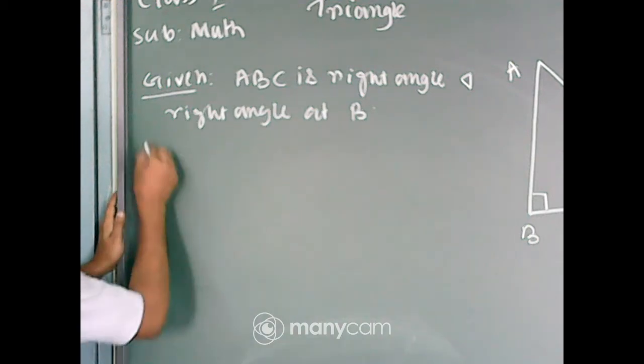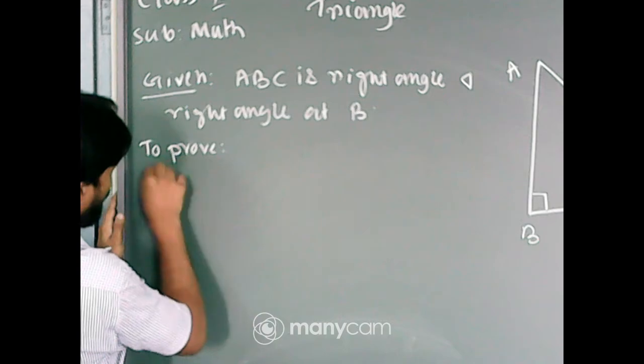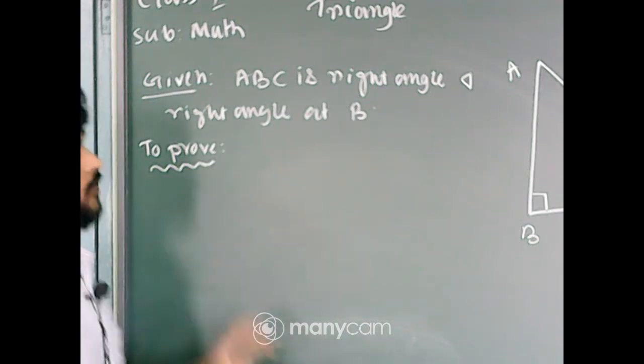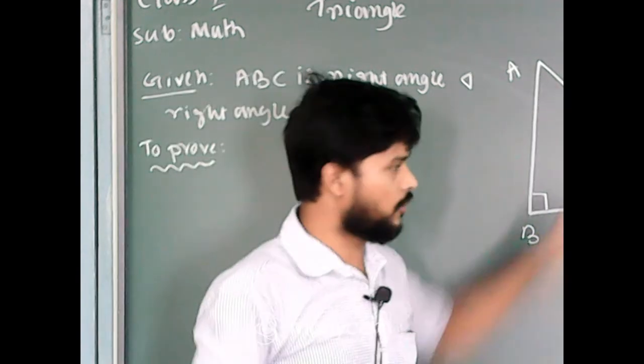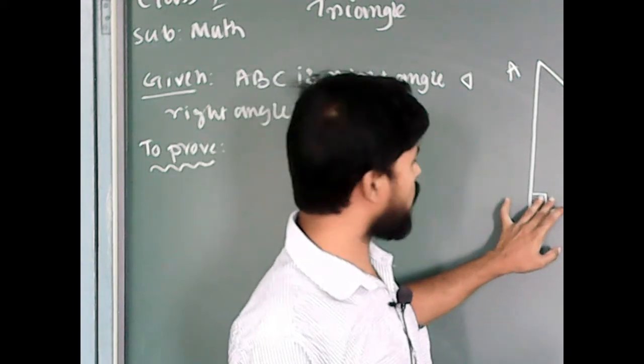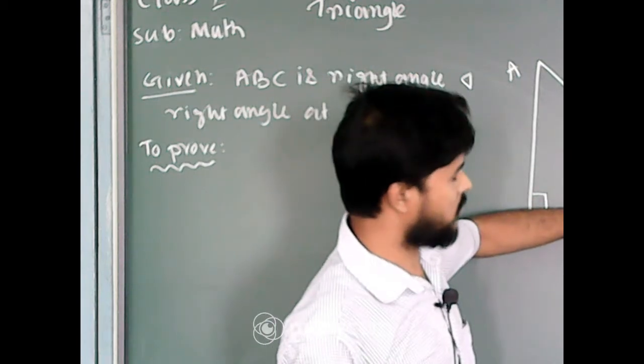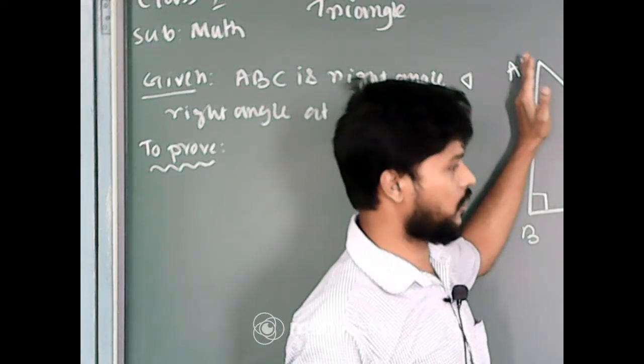What do you have to prove? We have to prove that the square of the hypotenuse. We know which is the hypotenuse. Hypotenuse means the opposite side of the right angle. This is the hypotenuse, and we can consider this is the base and this is the height or altitude.